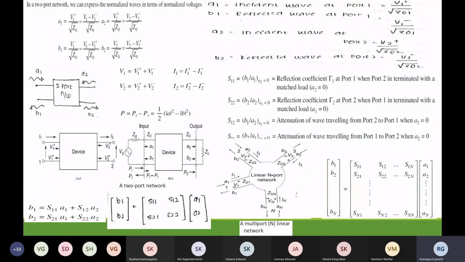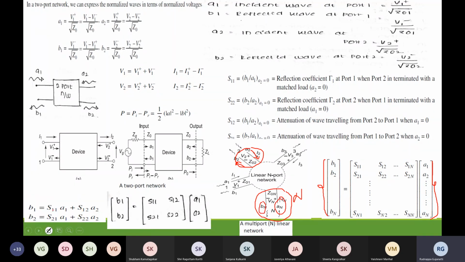If there are n number of ports here, I'll have n number of reflected wave amplitudes associated with each of the ports, and n number of incident wave amplitudes. If I consider any one port, I'll have one incident wave amplitude and one reflected wave amplitude. If I consider the nth port, I'll also have one incident wave amplitude and one reflected wave amplitude.